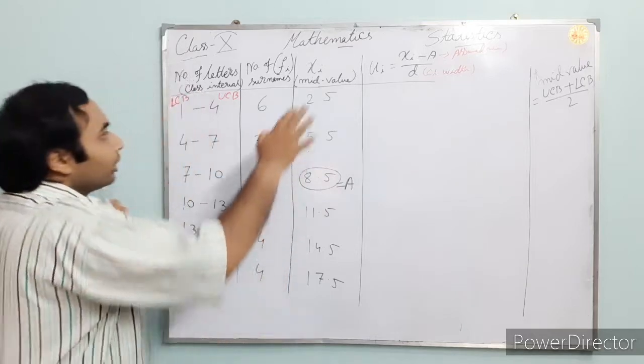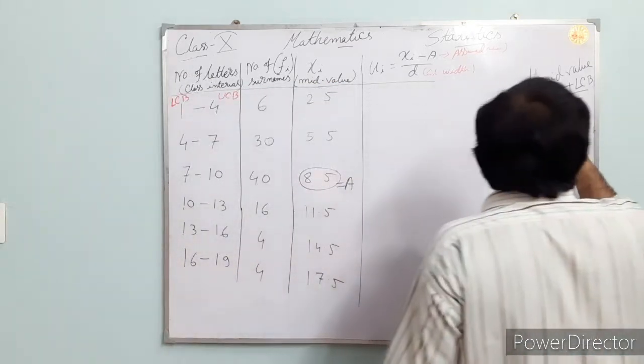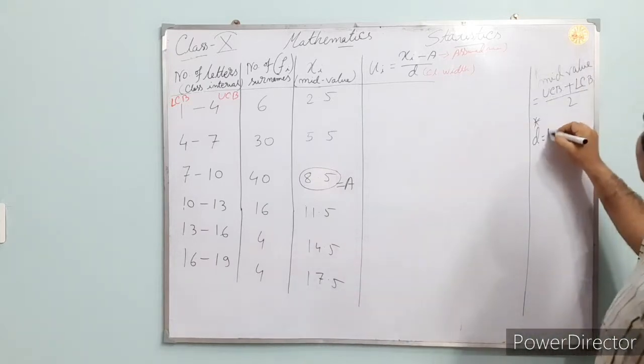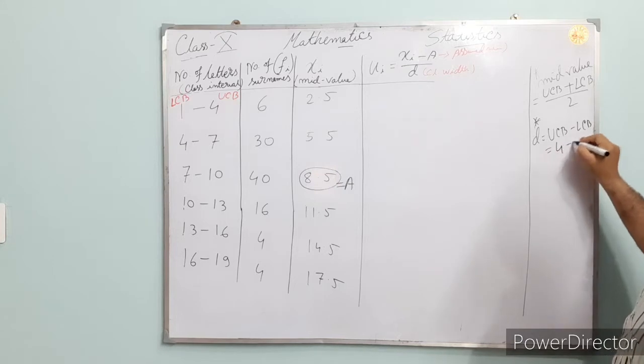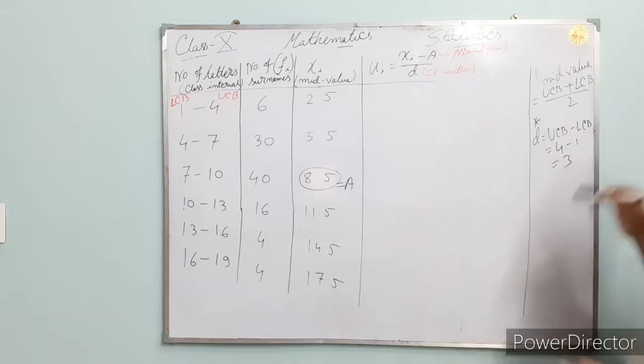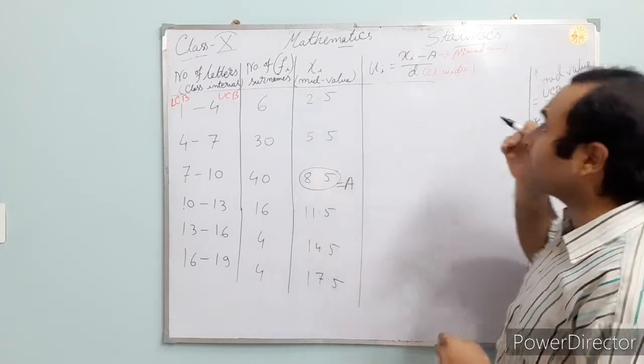Minus 6 by D, which means class width. I am writing here the next one, D. D equals upper class boundary minus lower class boundary. So here 4 minus 1 equals 3. Showing the calculation just for this one, and after that we will write in the symmetry process.